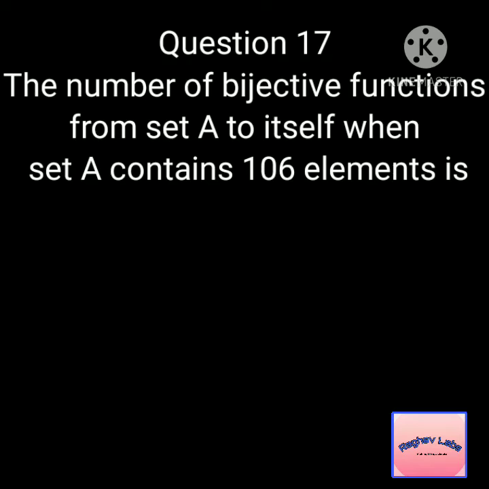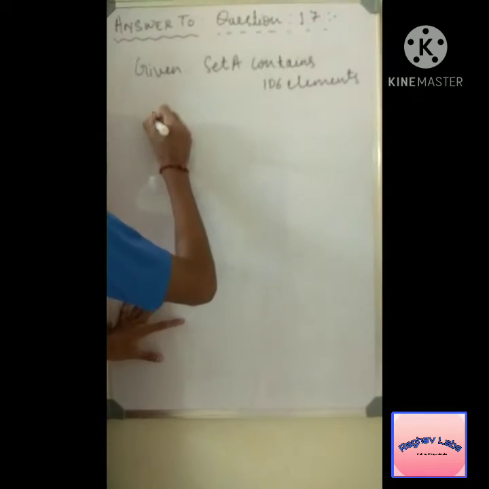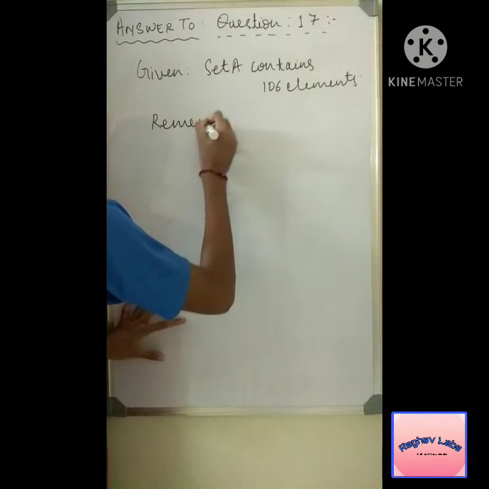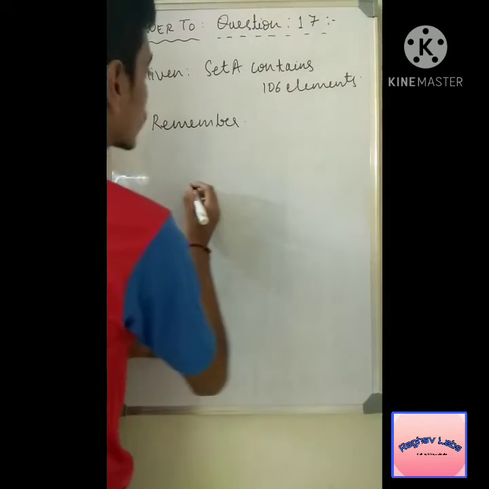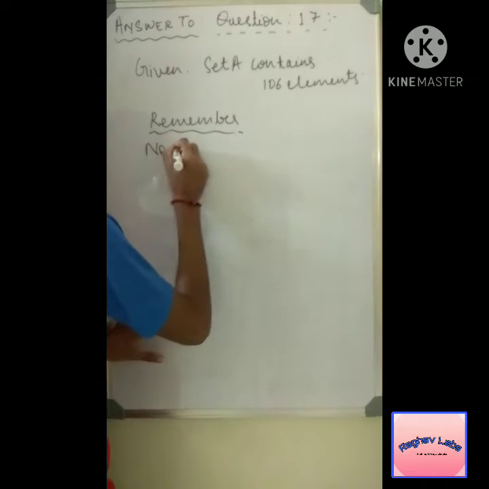The number of bijective functions from set A to itself when set A contains 106 elements is, the options are given as follows. So to solve this problem, it's a very easy problem. Set A contains 106 elements. Remember this formula always, right?